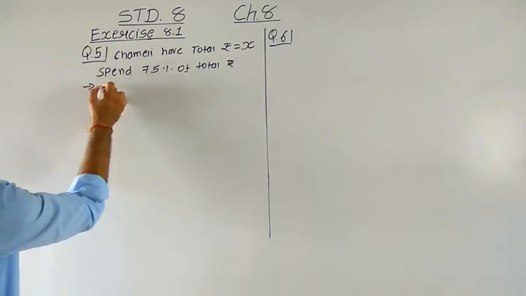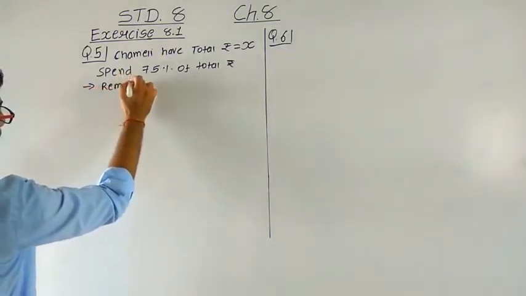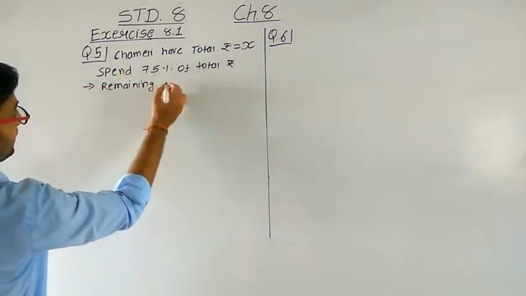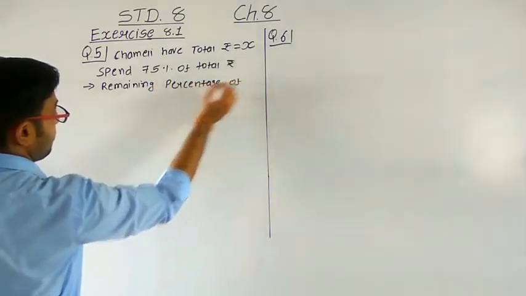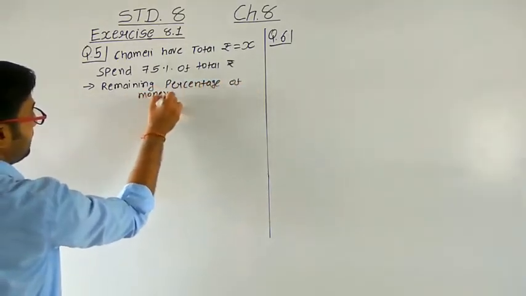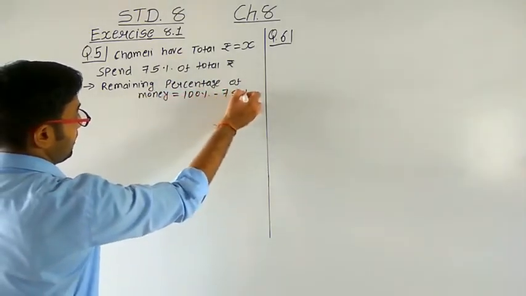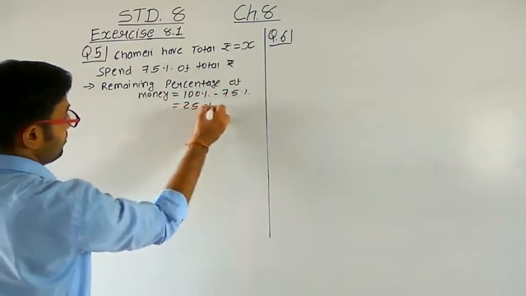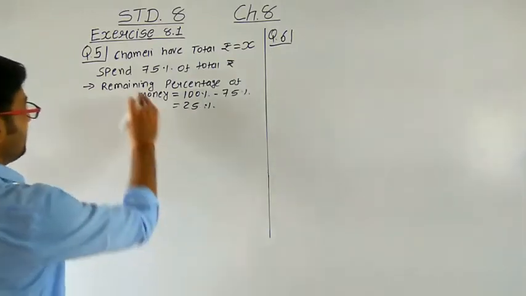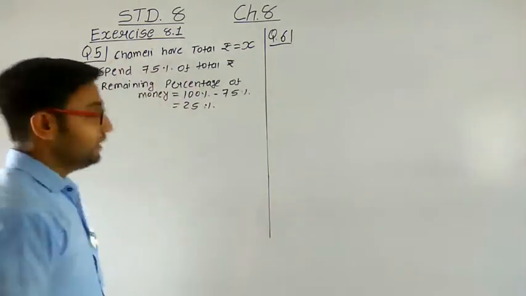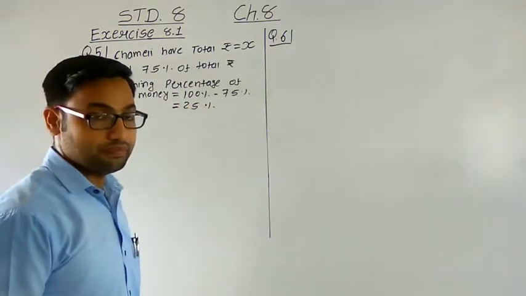So the remaining percentage of money is equal to how much? That is 100% minus 75%, and that is equal to 25%. It is obvious that if she spends 75% of the total money, she has now left 25% of the total money.